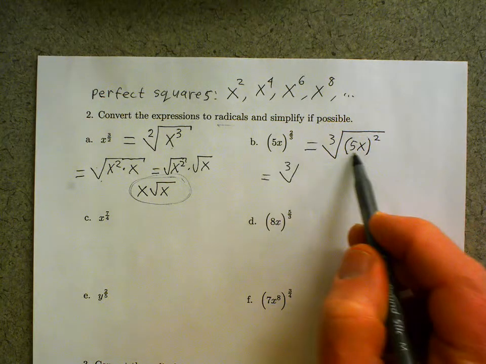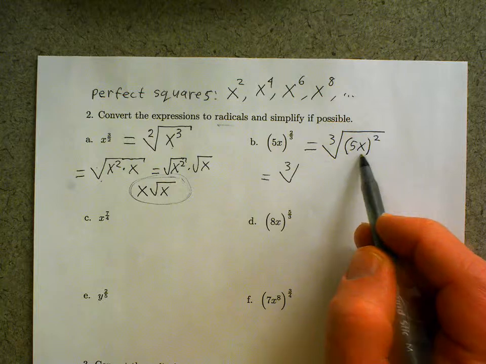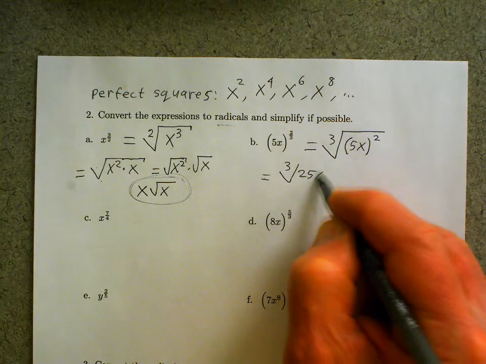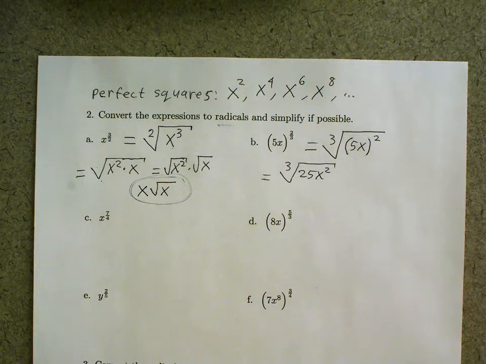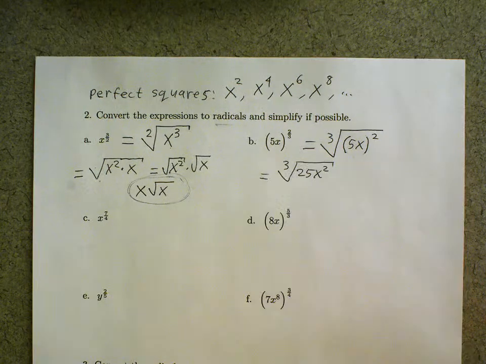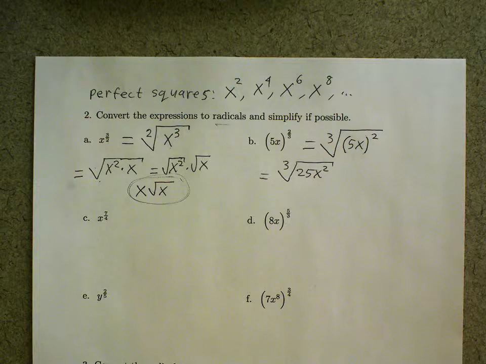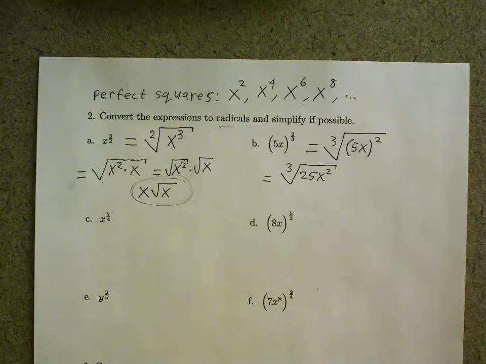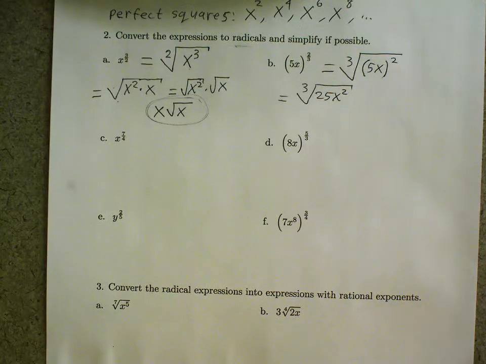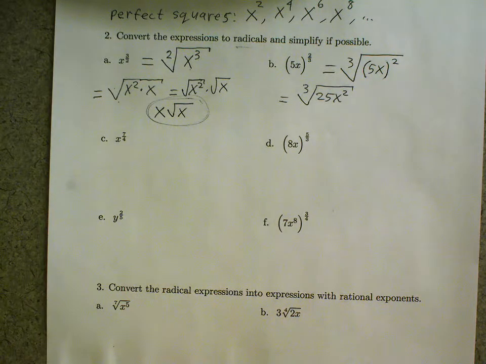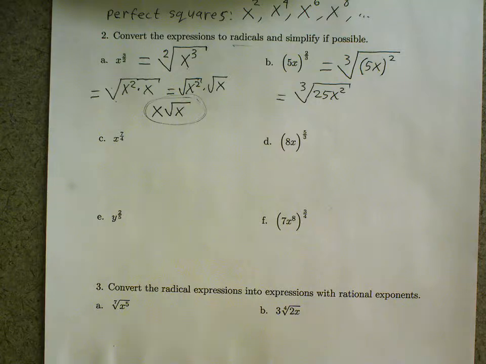If we square the term 5x times 5x, we get 25x squared inside the cubed root, the radical with index 3. All right, the next example, x to the 7/4, convert this to a radical.